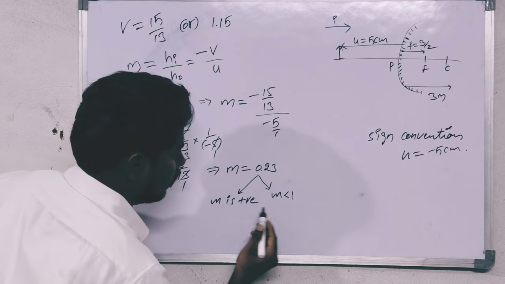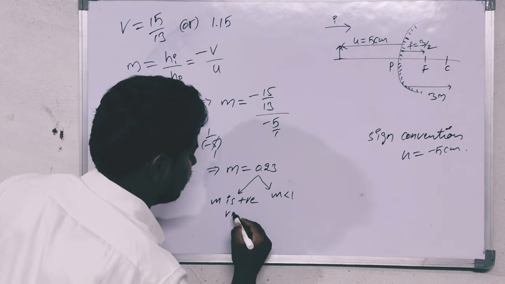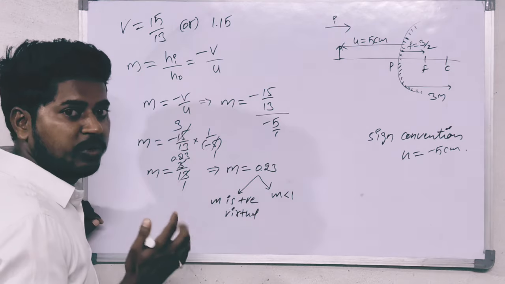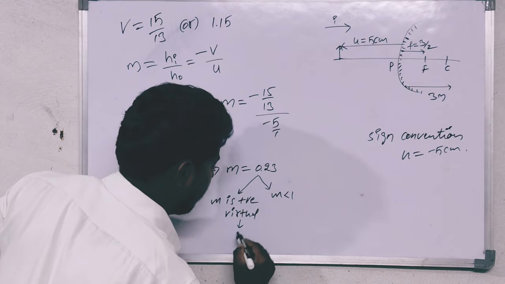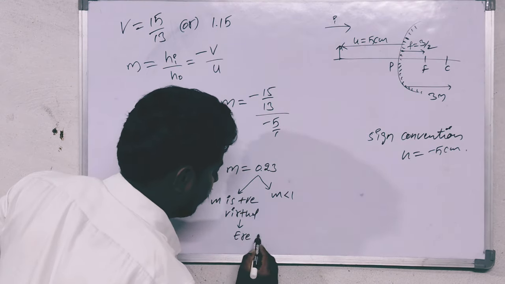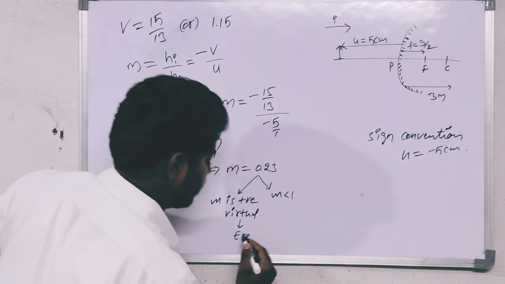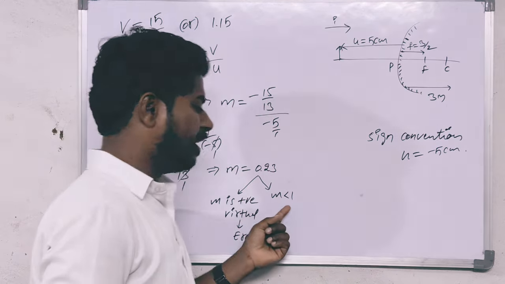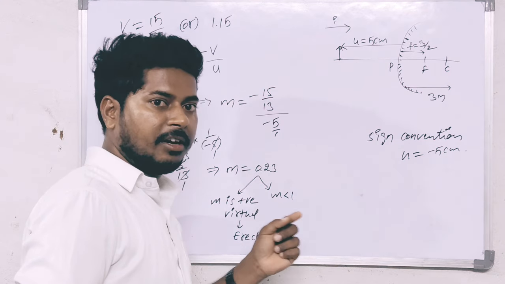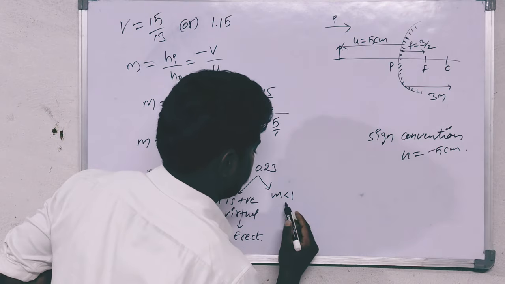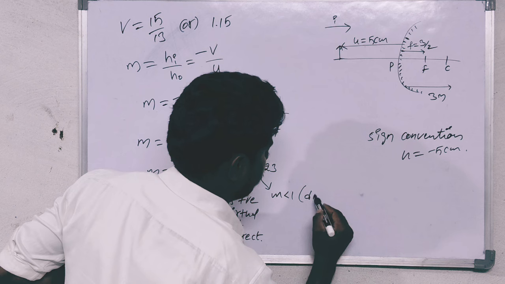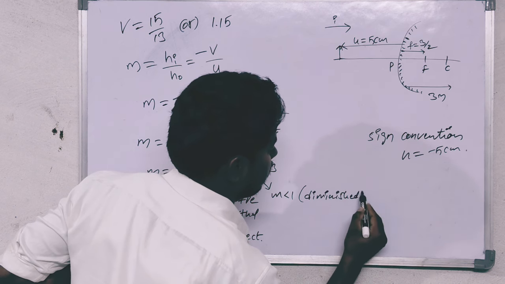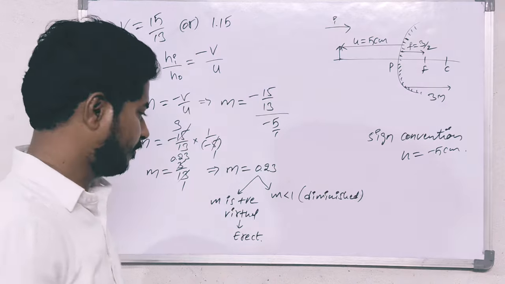When M is positive, that image is a virtual image. All virtual images are erect, that means upright images. When M is less than 1, that image is diminished, so small in size.